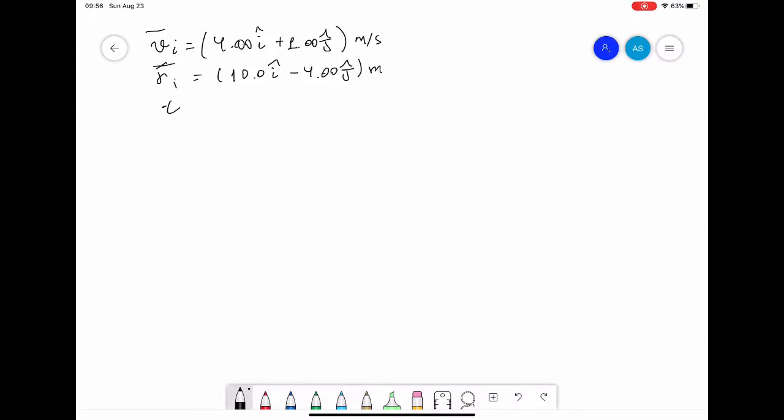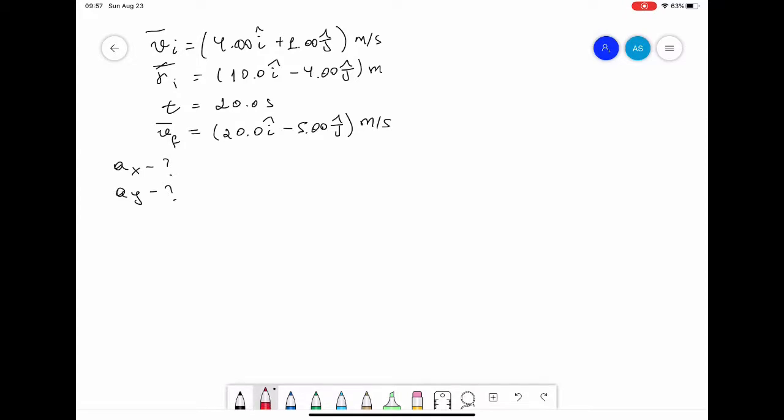We know the time was 20 seconds. After 20 seconds, the final velocity is given as 20i minus 5j, in meters per second. So we have to find ax and ay. Since acceleration is constant, we have to find the components of acceleration.